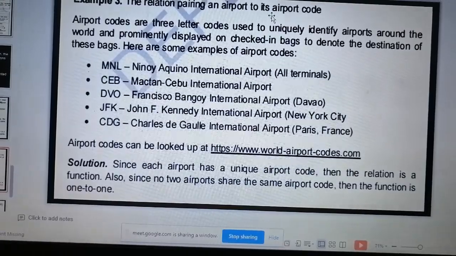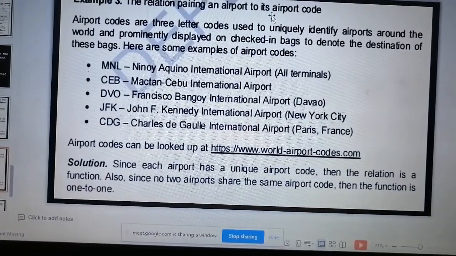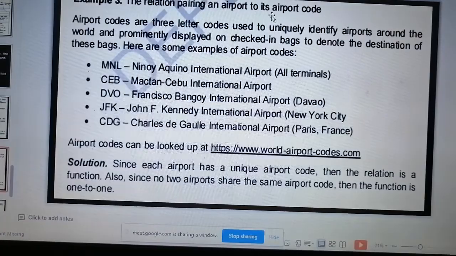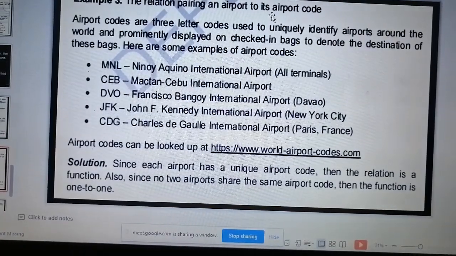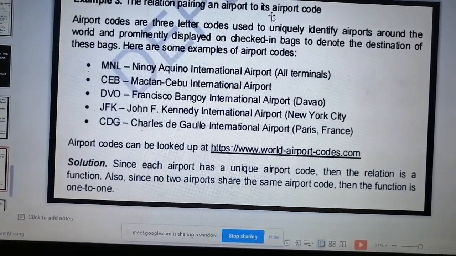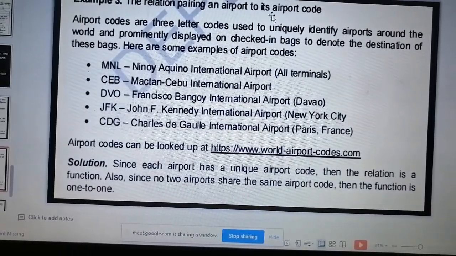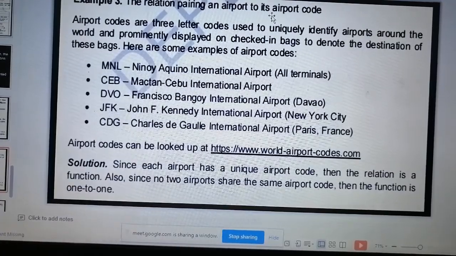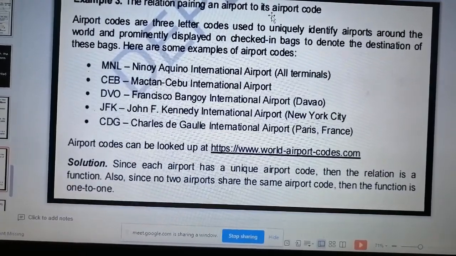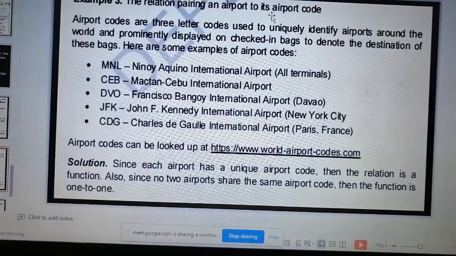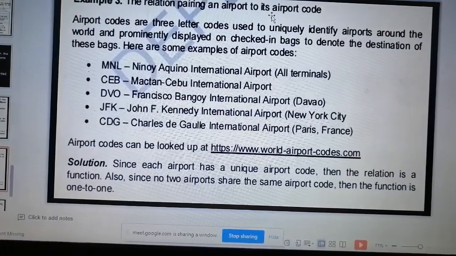Iba rin ang code ng SEB, Mactan Cebu International Airport. Okay? Kumbaga, bawat airport ay merong unique na code. Meron silang mga pairing relationship, hindi pwedeng pare-pareho.